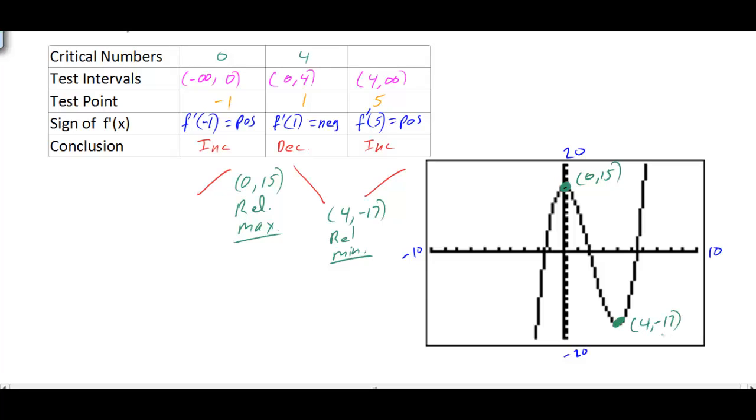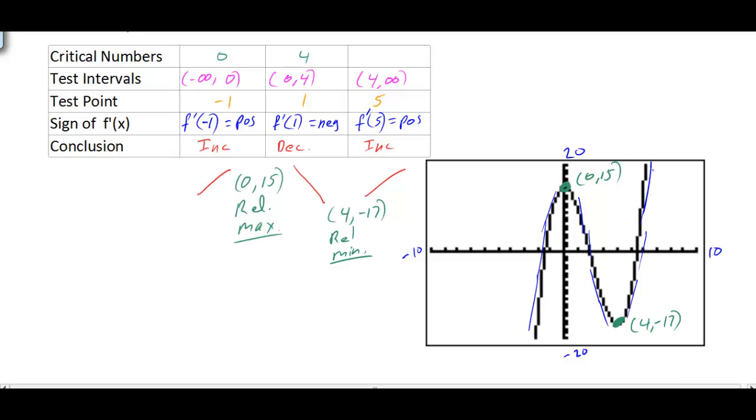So that's why we only needed to test in the interval from negative infinity to 0, because any point on this graph is going to have a positive slope. And then from 0 to 4, any point on the graph here has a negative slope until we get to 4, and then to the right of 4 the graph is increasing, so every point has a positive slope.